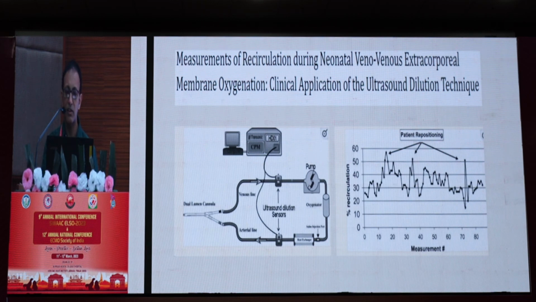They also measured how much came back to the venous side, and the velocity change recorded another dilution curve. If nothing came back, the curve did not record, and if everything came back, it was the same curve. Based on the ratio between the arterial and the venous curves, they came to a conclusion on how much recirculation was going on.